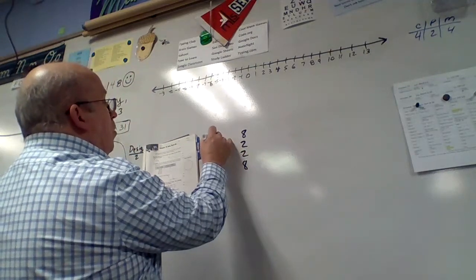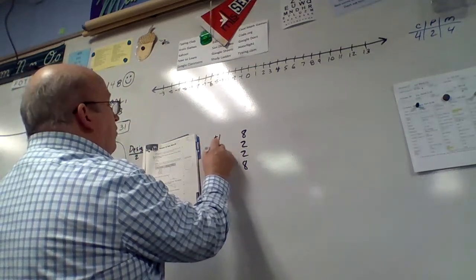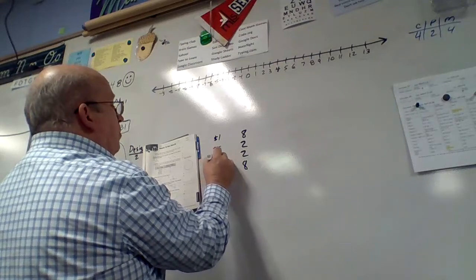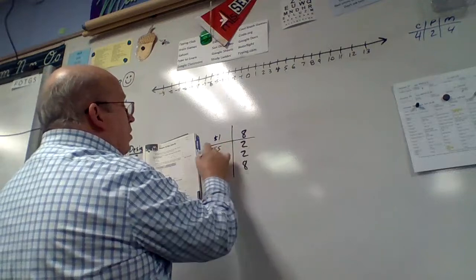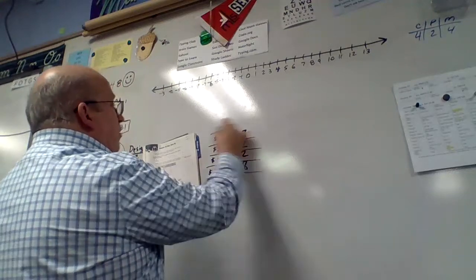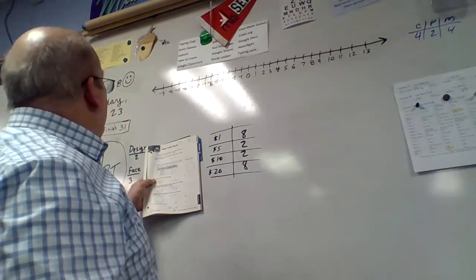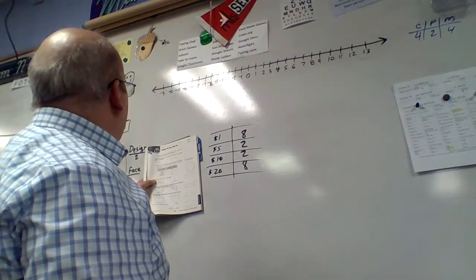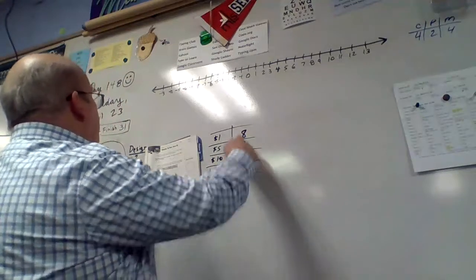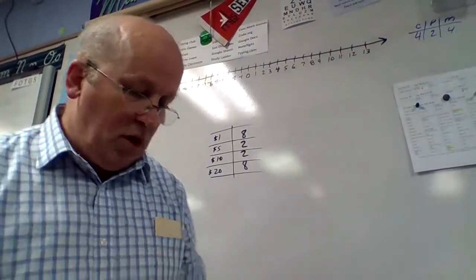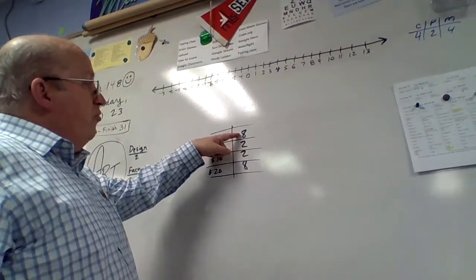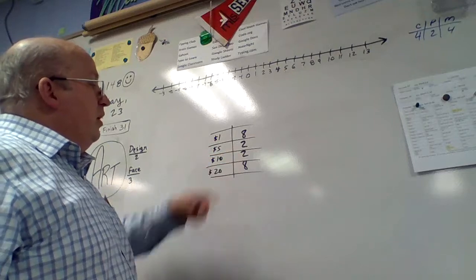And we're talking about $1 bills, $5 bills, $10 bills, and $20 bills. And our goal is to figure out how to create a circle graph based on that data. And this is the number of bills in circulation in trillions of dollars. Okay, so this really represents 8 trillion, 2 trillion, 2 trillion, and 8 trillion.